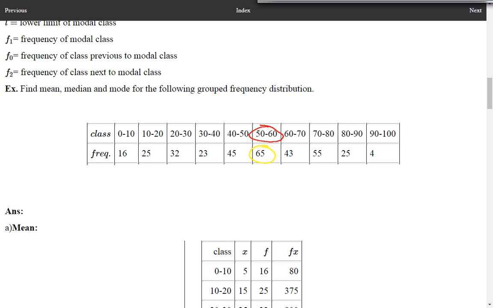So you can see this is the highest frequency, and its corresponding class is 50 to 60. Okay, so the modal class is equal to 50 to 60.